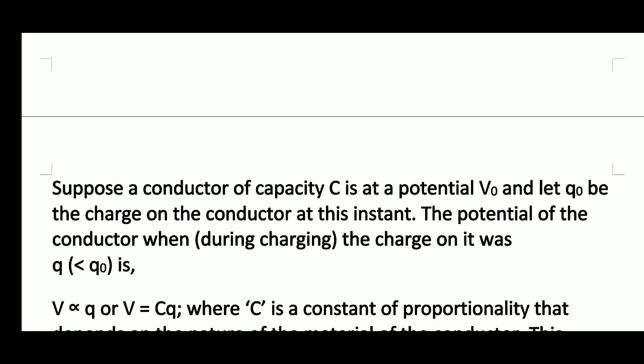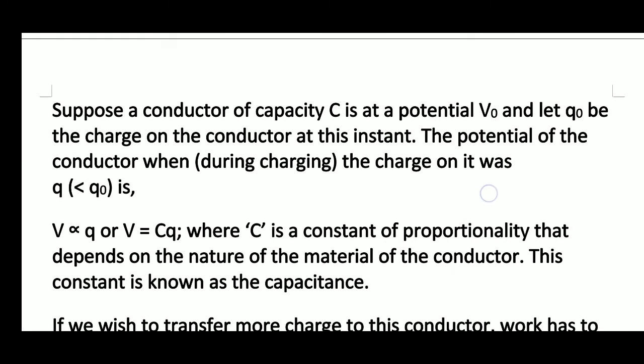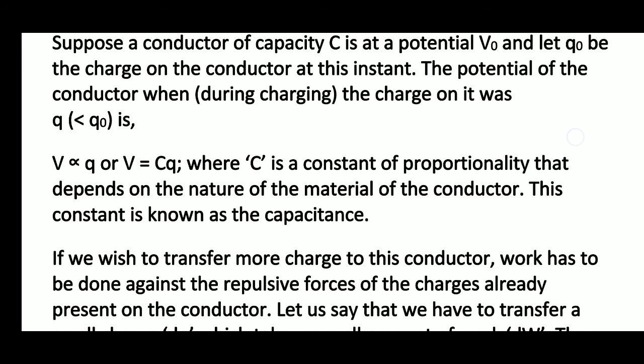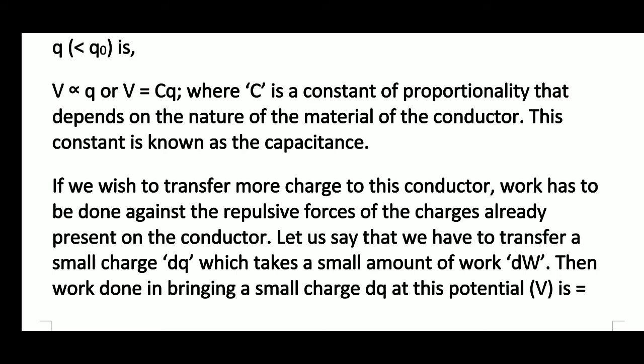We'll calculate the work done in the first case. Suppose a conductor of capacity C is at potential V0, and let Q0 be the net charge on the conductor at this instant. The potential of the conductor when the charge on it was Q, which is less than Q0, is V proportional to Q, or V is equal to Q by C, where C is the constant of proportionality that depends on the nature of the material of the conductor.